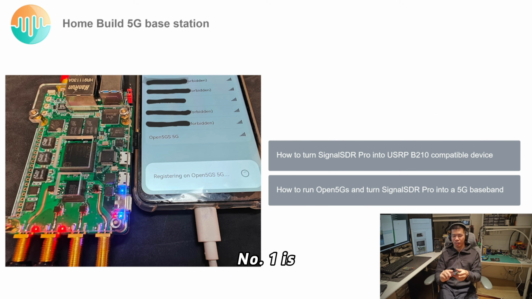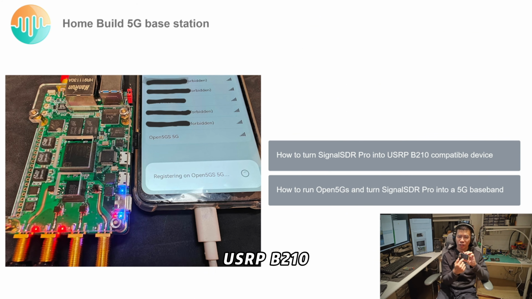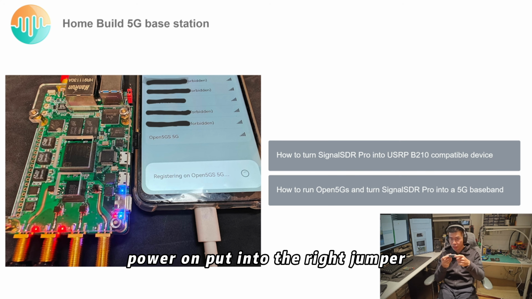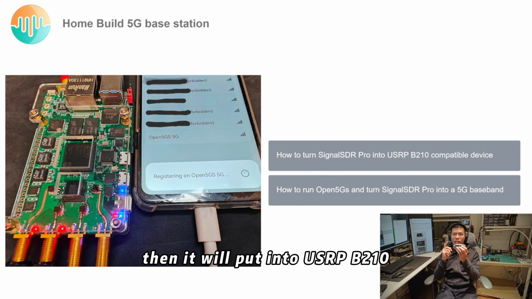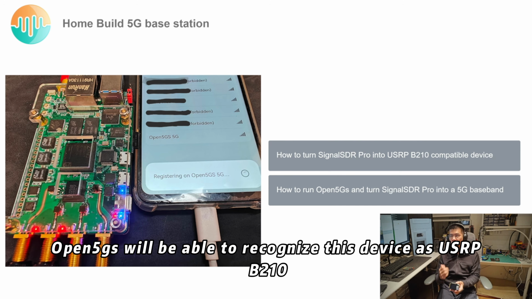Number one is it will turn this device into a USRP B210. So remember what I said just now? Slot in an SD card, right? Power on, put in the right jumper, then it will boot into USRP B210. So Open5GS will be able to recognize this device as USRP B210.